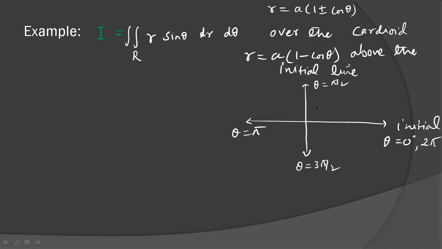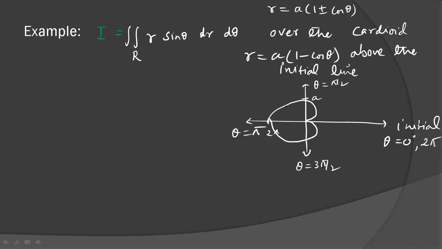If you put theta equal to 0, r is 0. If you put theta equal to pi by 2, it is a. If you put theta equal to pi, it is 2a. So this is the tracing of this cardioid.